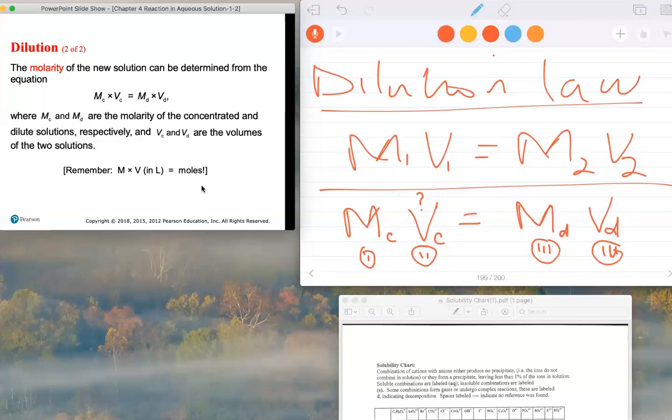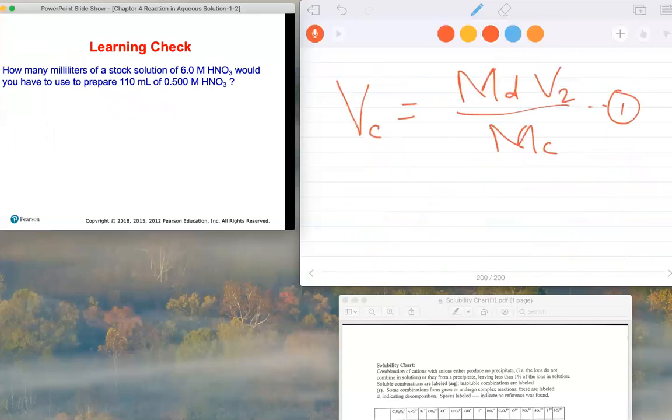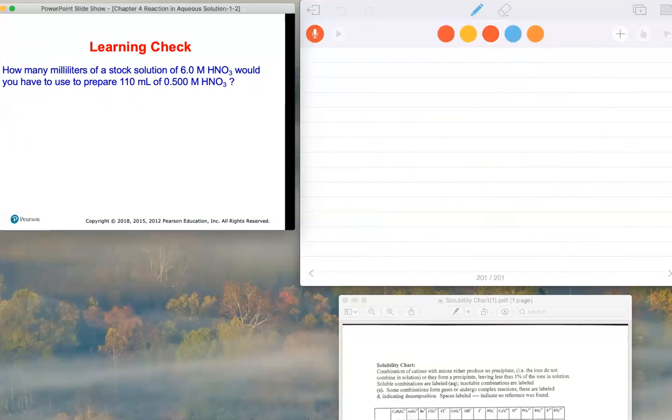Okay, let me work an example here before I go to B in the previous slide. Let's read this. How do you assign V1, M1, V2, M2? By reading the question, and the first thing you assign is your initial conditions.